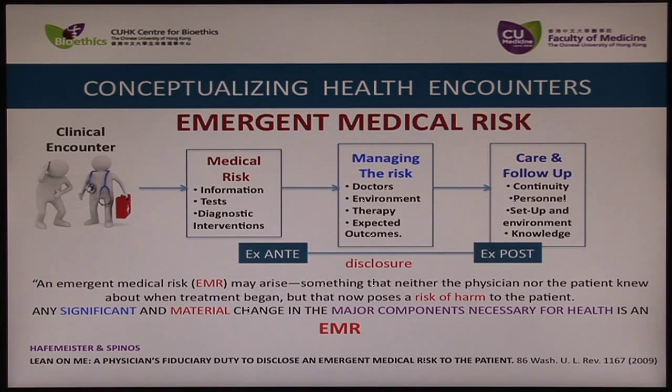It could be new information regarding a disease that has come up that alerts you to something new that may have or could or is likely to happen. This is an emergent medical risk, and therefore any significant and material change in the major components necessary for health is considered to be an emergent medical risk, or an EMR.